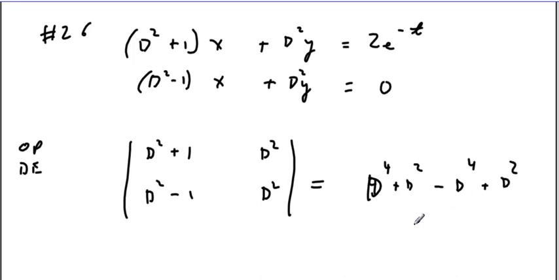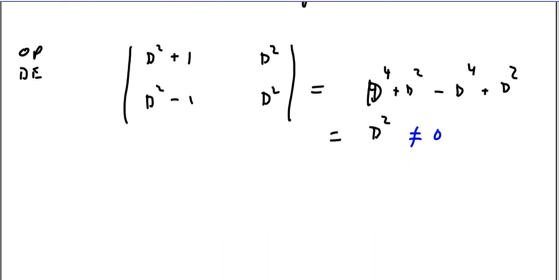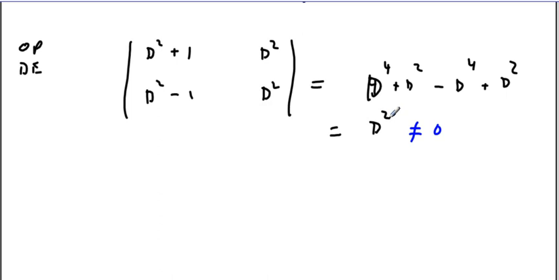So it's going to be 2D squared, which is not equal to 0. So I'm not degenerate.